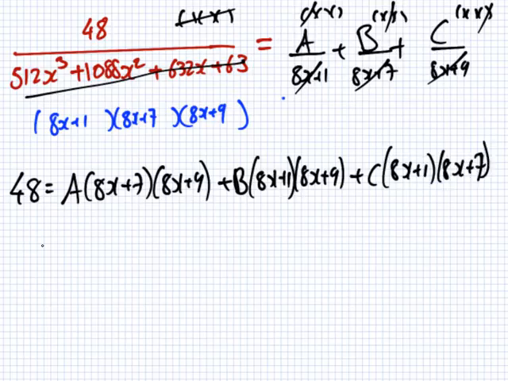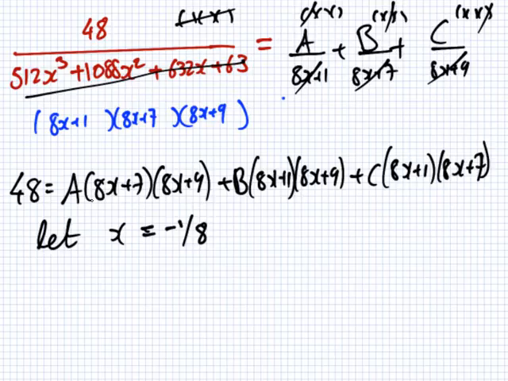Okay, so what should we choose first for x? Let's say I want to get the A. I could make x equal to minus 1 over 8, because this would cancel and this one would cancel, leaving me with only this one.